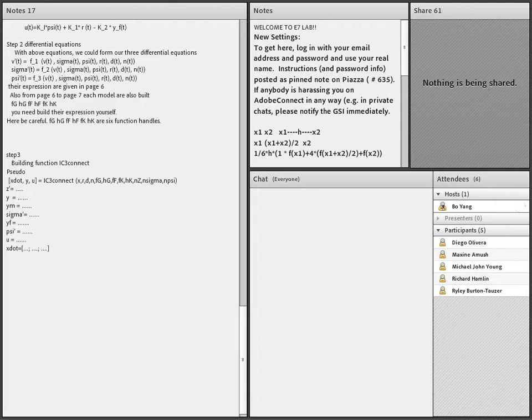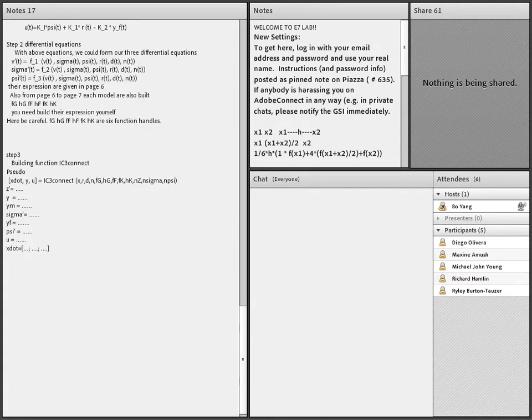And with these input arguments and the function handles, we can find the expression of the acceleration and the sigma prime and psi prime.